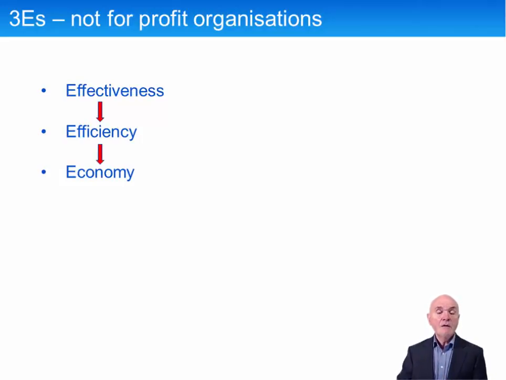And finally, we have economy. Once we've decided on, let's say, which drugs we're going to use, then we get into what you might call normal commercial contracts. Bulk buy, have skilled negotiators. Join together with some other hospitals so you can present yourself as a really big purchaser and get the best possible price you can out of your suppliers.